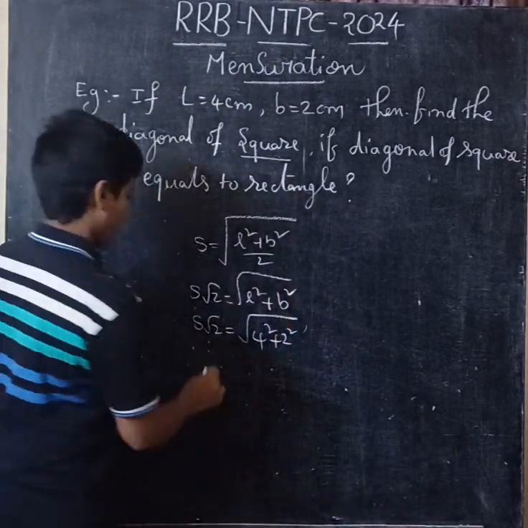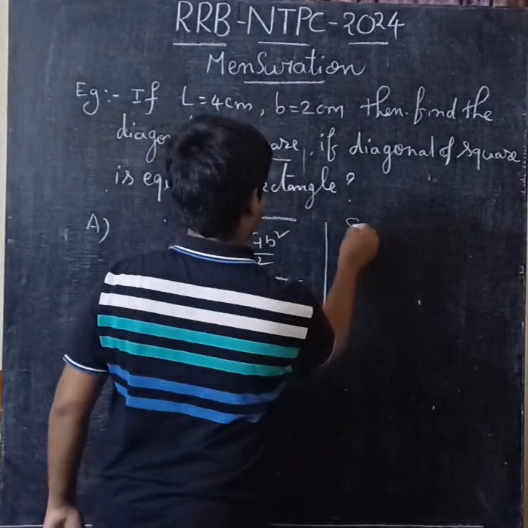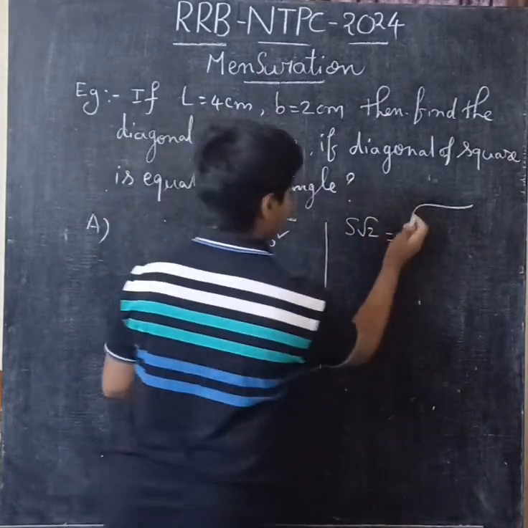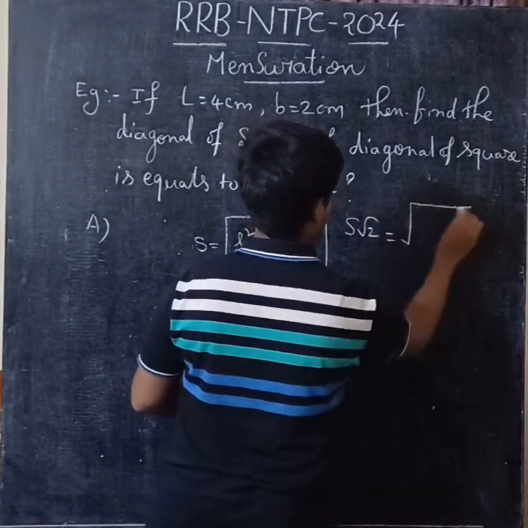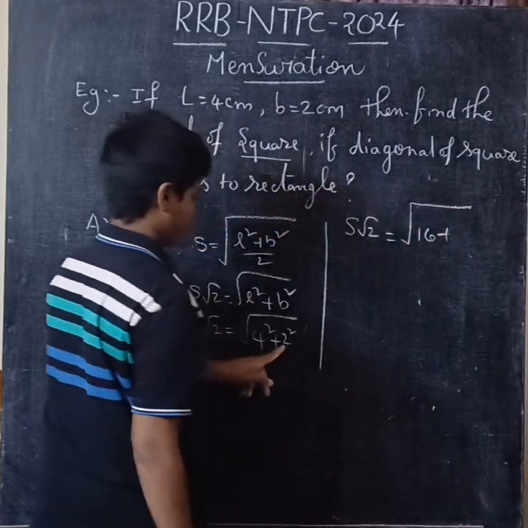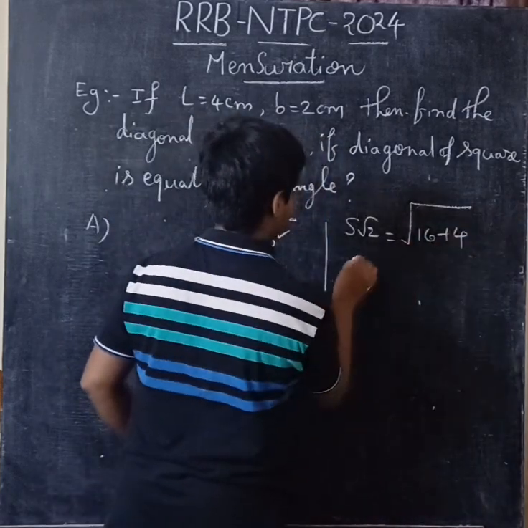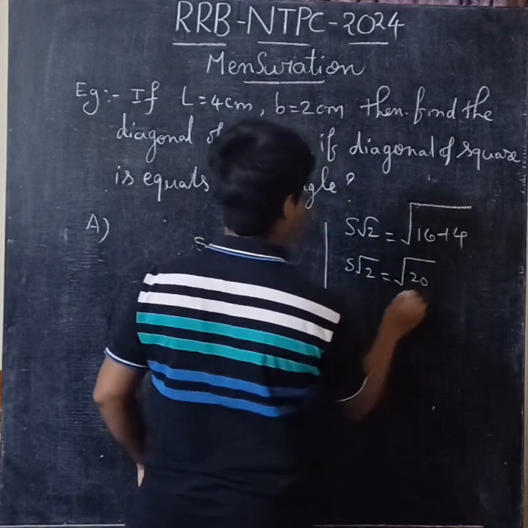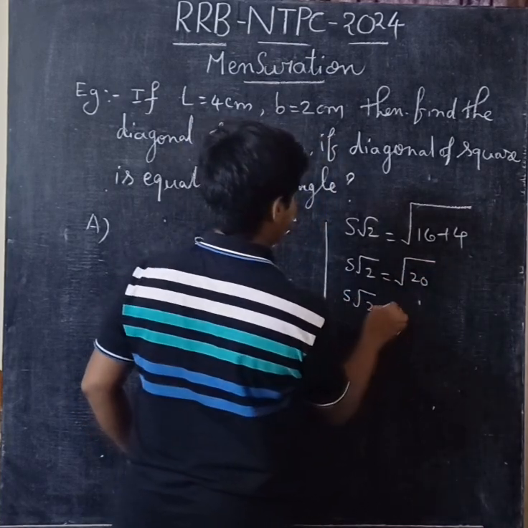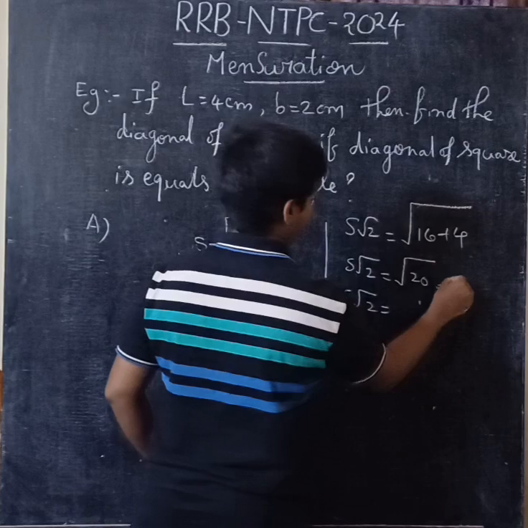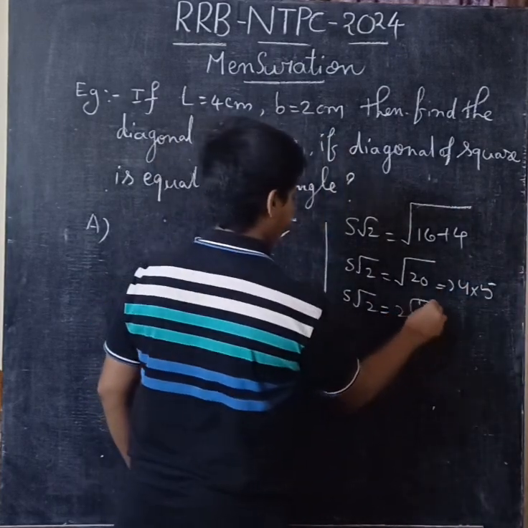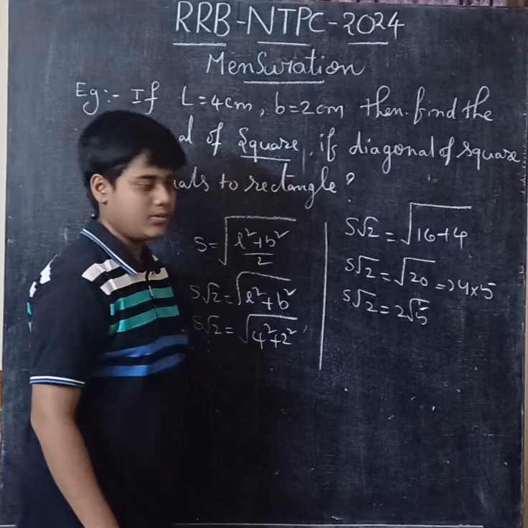Substitute the values. So S root 2 equals root over 4 square 16 plus 2 square 4. So S root 2 equals root over 20. So this is written as root of 4 into 5, which means 2 root 5.